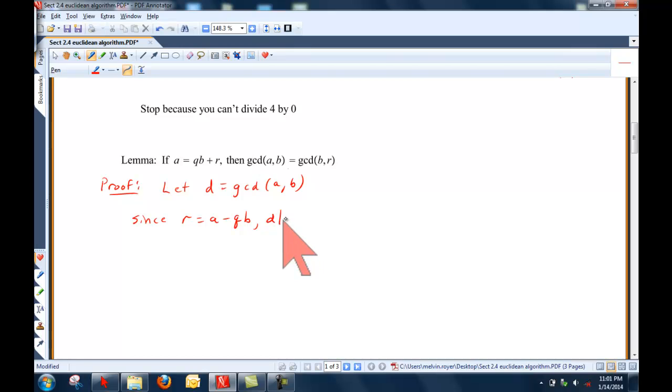Second thing we know is that D divides A. It's a common divisor of A and B. And third thing we know is that D divides Q times B, because we know that D divides B itself already, so it's certainly going to divide any multiple of B. And if we look at this, we know that D divides the first term here and the second term here, so we know D divides R.